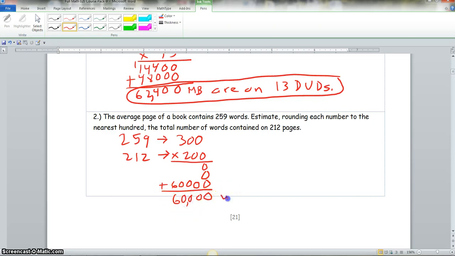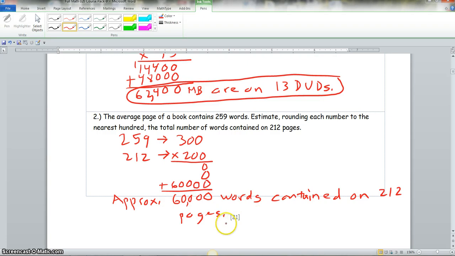So it's 60,000 words contained on 212 pages. And there's one other thing we need to add in here. It should be approximately. And we can abbreviate approximately. So it's approximately 60,000 words contained on 212 pages.